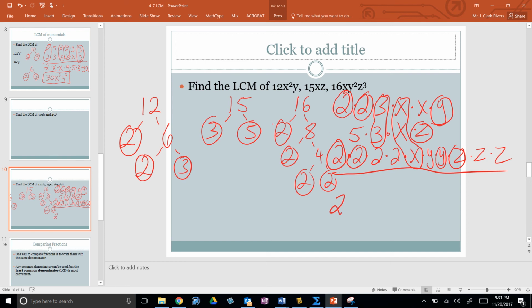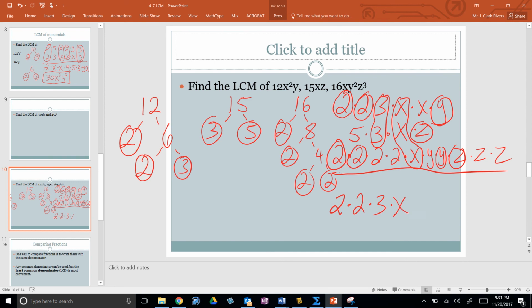I have 2 and 2 showing up here and here, 2 and 2. So I'll multiply by 2 again. I have 3 and 3 showing up there. So I'll multiply by 3. Now here I have x, x, and x. So all of those get circled.